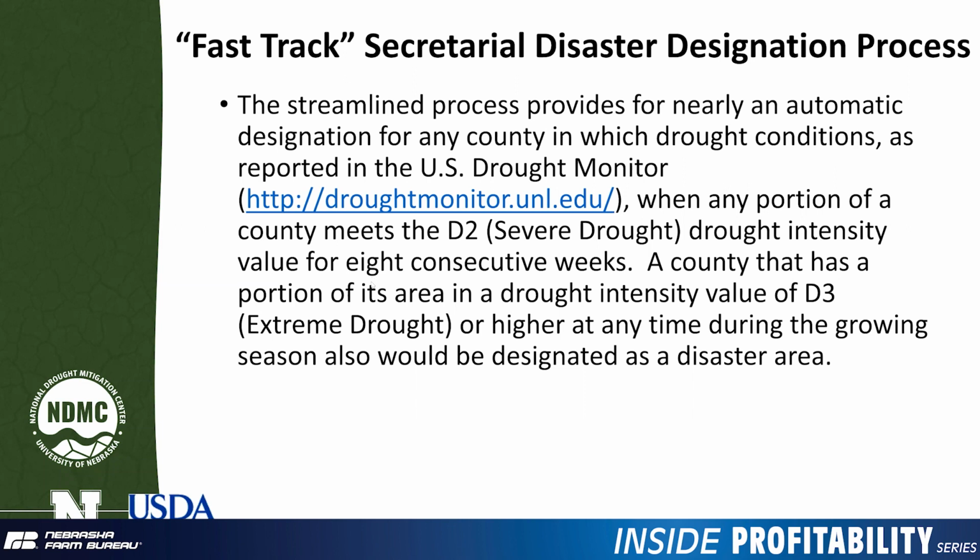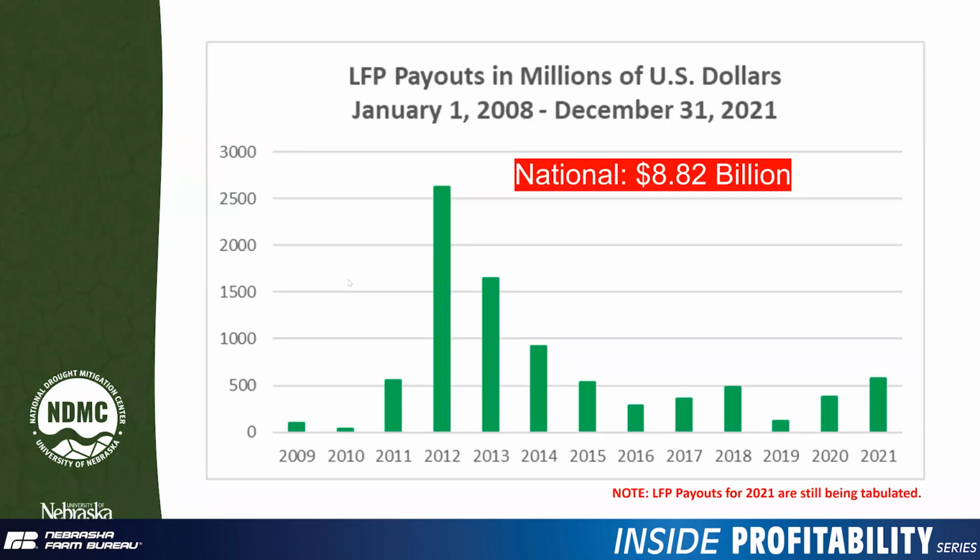So we've sped that up a lot. That's typically now down to a matter of weeks once you're eligible. Over a little over 10 years now, that number needs to be updated. It's about 9.4 billion now, as more of 2021 and into 2022 has been calculated.